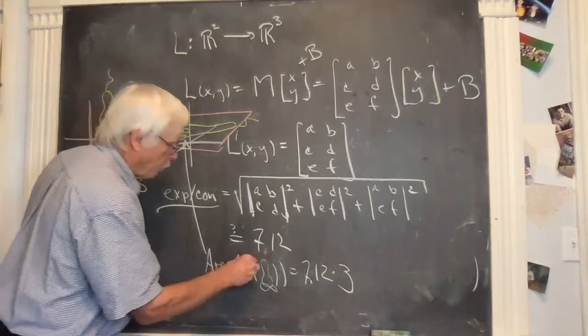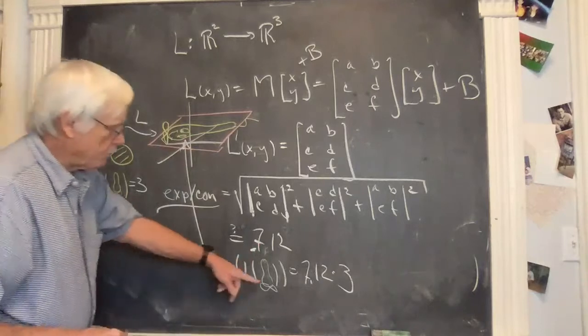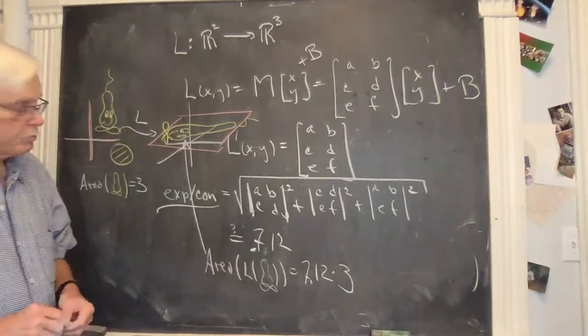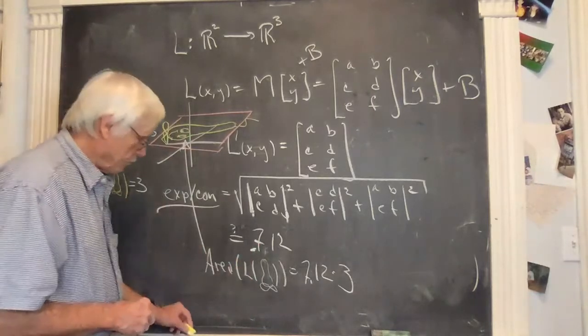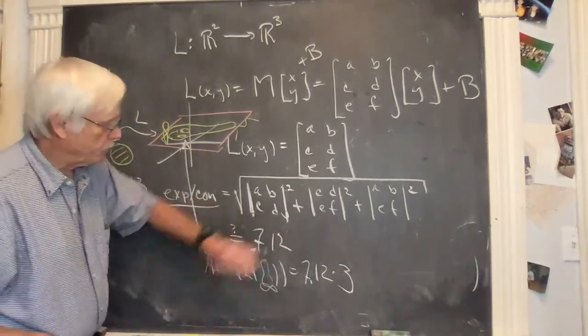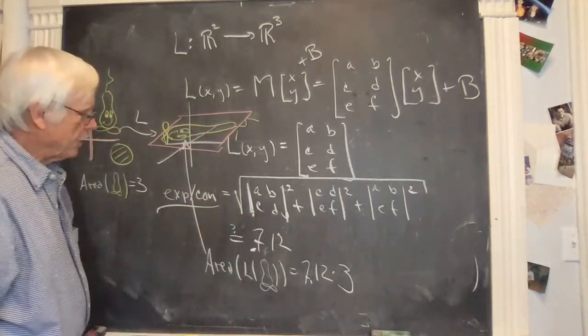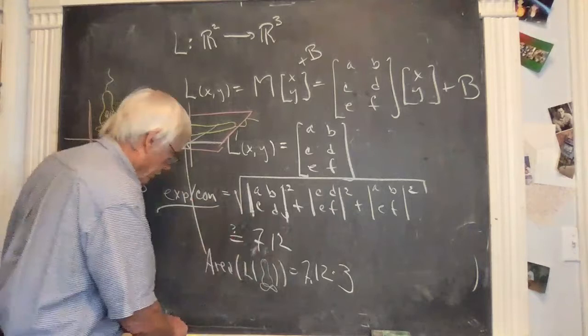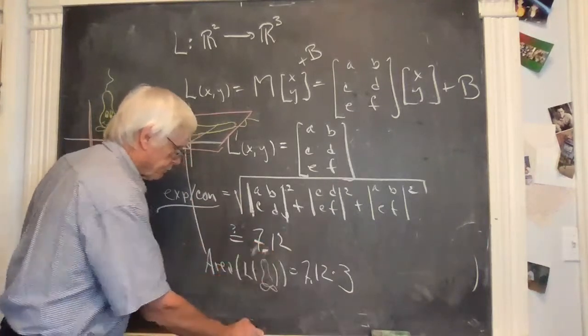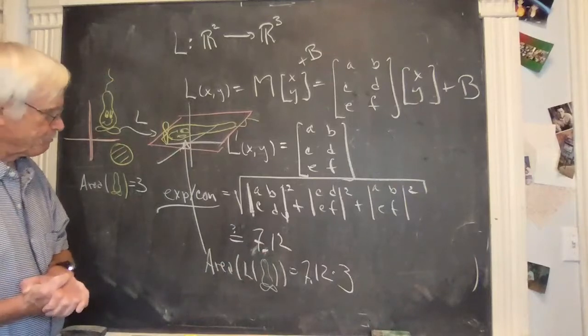If this would have been 0.712, then the area of the images is always about 3/4, 0.712, times the area of what they started to be. So this would be a shrinkage. If this is less than 1, if it's equal to 1, all areas remain the same. If it's more than 1, all areas get expanded. So this really is an expansion contraction factor.